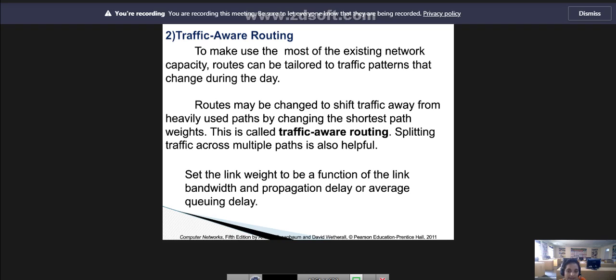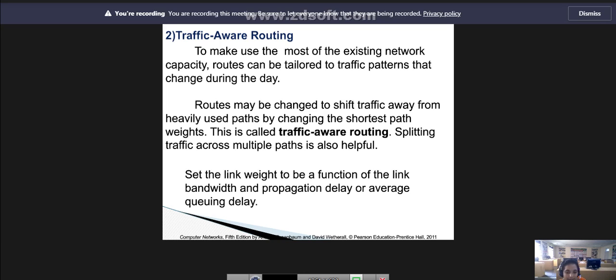The goal of taking load into account when computing routes is to shift traffic away from hotspots that will be the first places in the network to experience congestion. The most direct way to do this is to set the link weight to be a function of the fixed link bandwidth and propagation delay plus the variable measured load or average queuing delay.